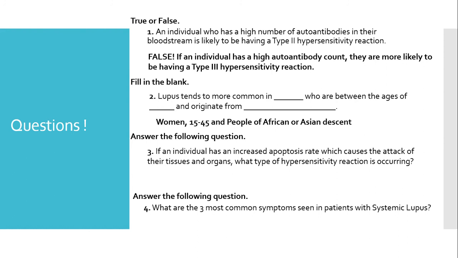Answer the following question. If an individual has an increased apoptosis rate which causes the attack of their tissue and organs, what type of hypersensitivity reaction is occurring? Type 3 hypersensitivity reaction.